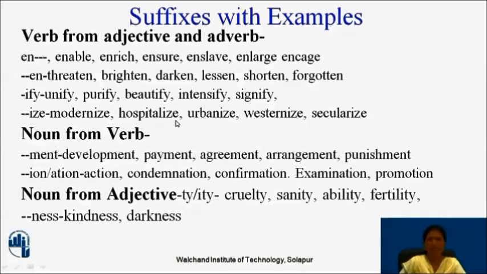Ize: modernize, hospitalize, urbanize, westernize, secularize. Noun from verb: how do we create the noun? These are the verbs from adjective and adverb. Now these are the nouns from verb. We add some suffixes and create the noun form from the verb.